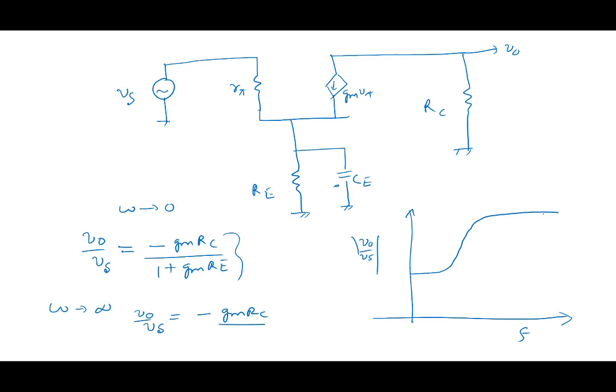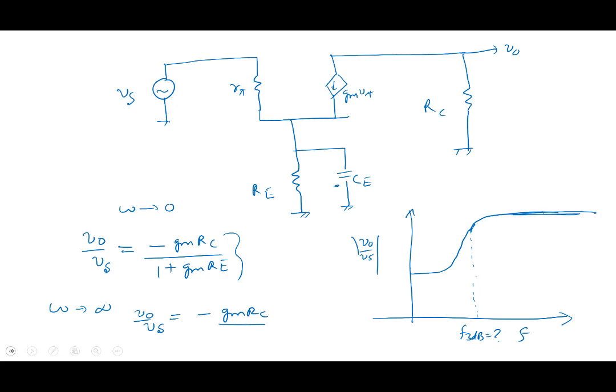So if I start with this value here, what would be the 3 dB frequency? Let's say I take this value and go down to the 3 dB point here. F3 dB equals 1 over 2 pi CE, where the effective resistance is RE parallel R pi by 1 plus GM R pi, which we did earlier: the output resistance looking from here.